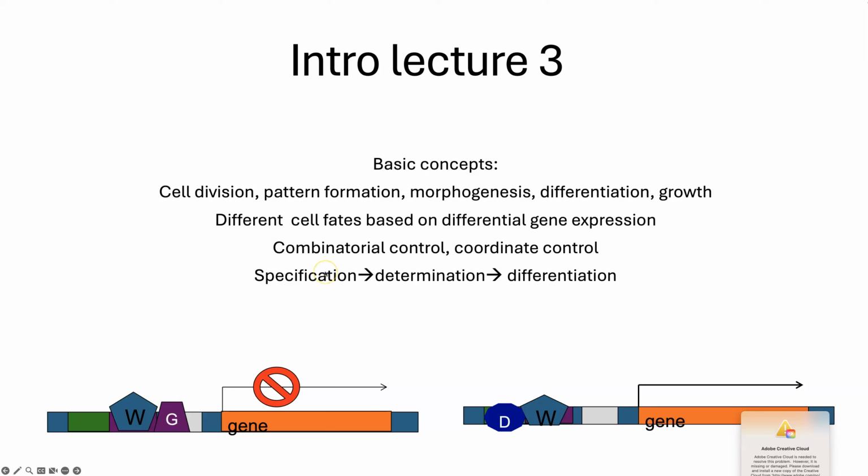We'll look at what cell fate means, and we'll talk about differential gene expression, and you may want to review what I talked about when I talked about genes, like what we mean when we talk about gene expression. And we'll build on that in the next lecture. The idea of combinatorial control, so the idea that it's not just RNA polymerase that transcribes genes.